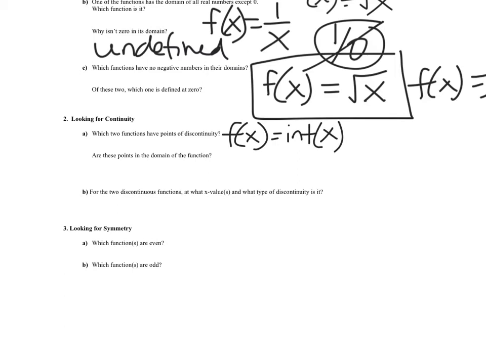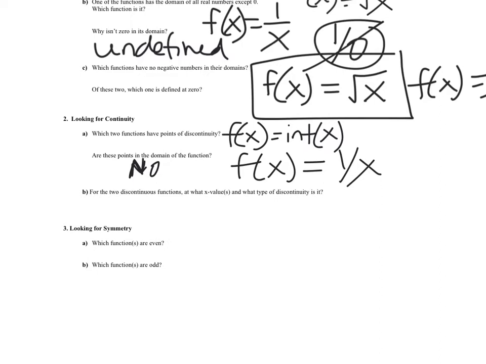And those are all jumps. Those are jump discontinuities. And then the other one is an infinite discontinuity, and that would be reciprocal. Perfect. 1 over x. Everything else is a nice smooth curve or line, and you can draw it with no breaks in the graph. Are these points in the domain of the function? No, never. If it's discontinuous, it is not in the domain of the function.